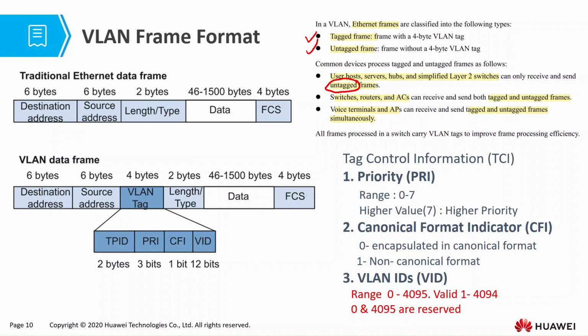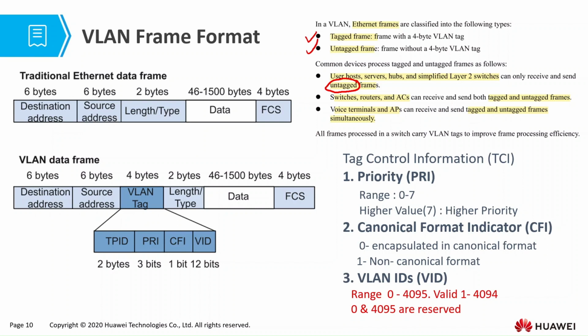For the VLAN ID, you know it consumes a 12-bit VID. So 2 to the power of 12 gives you 4096. Remember, the range of the VLAN ID is 0 to 4095.